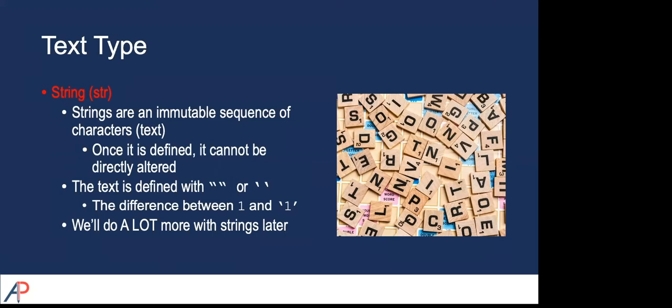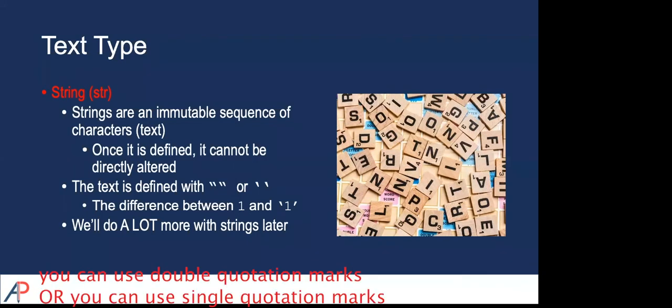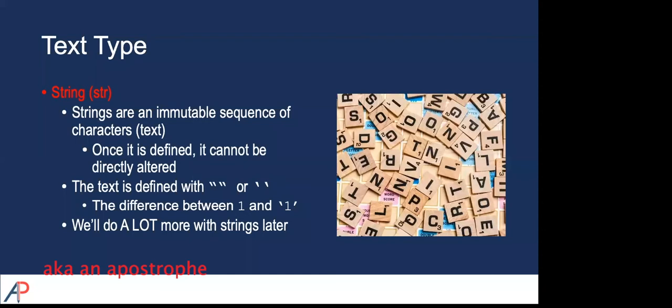The text value, so the string that you want the variable to be equal to, will be defined with quotation marks. You could use double quotation marks, and then you could use single quotation marks, or like apostrophe, I guess.